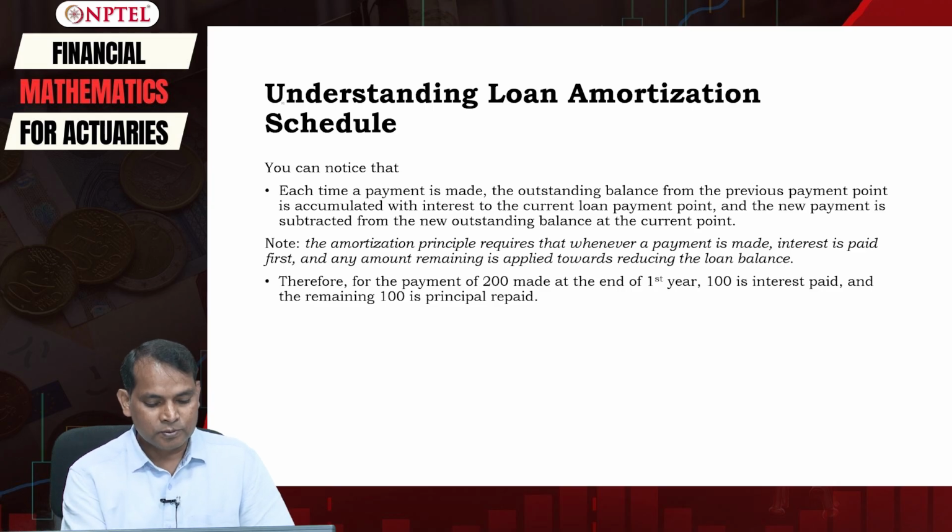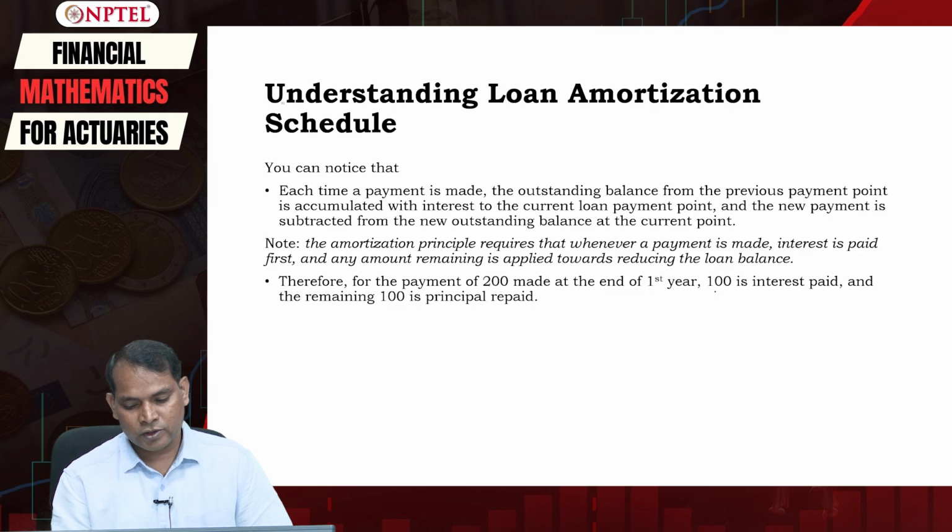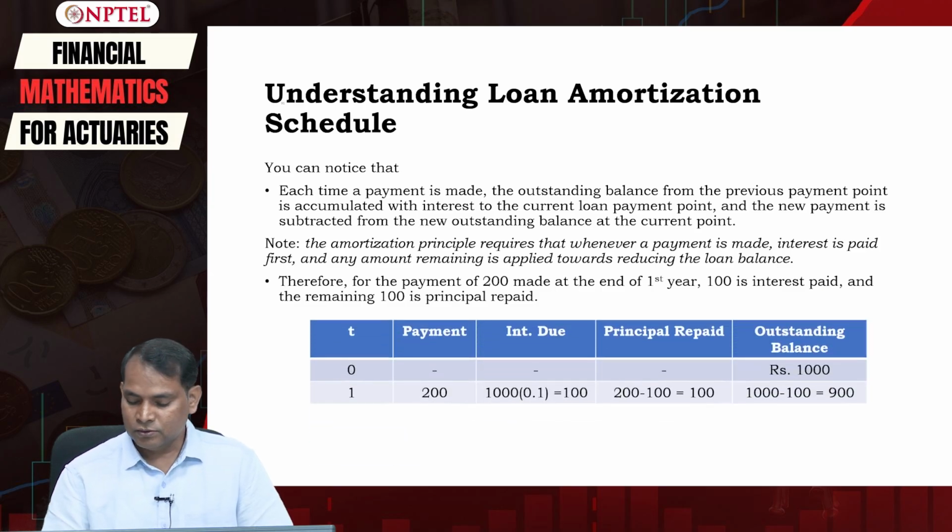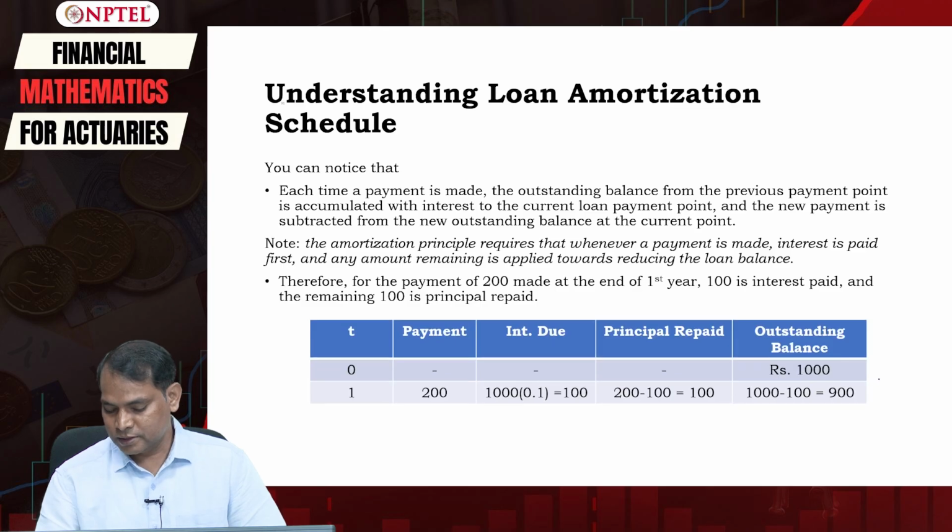So therefore, for a payment of 200 made at the end of first year, 100 is interest paid and the remaining 100 is principal repaid. Okay, so you can put it in a table and it will look like this.